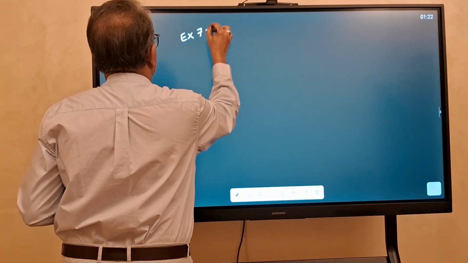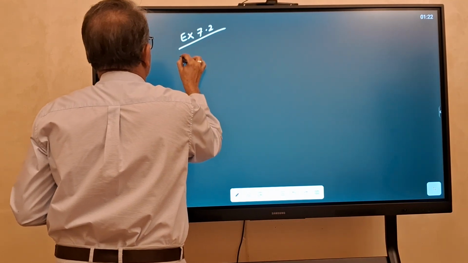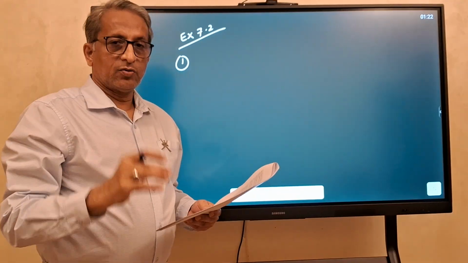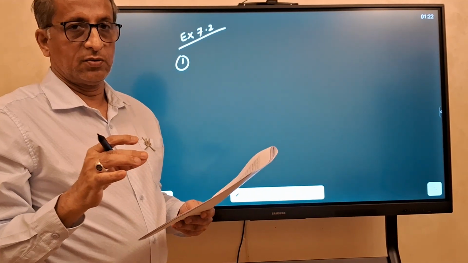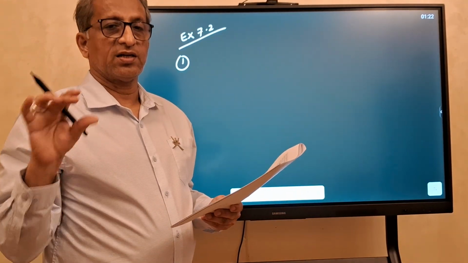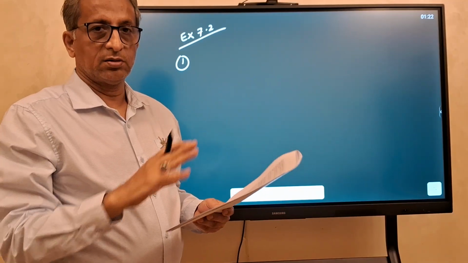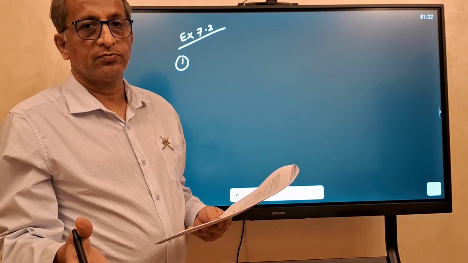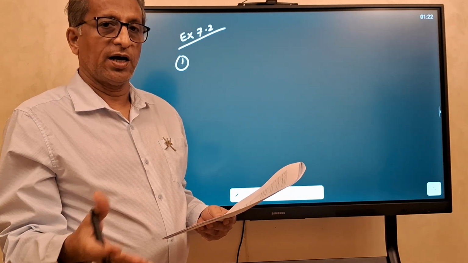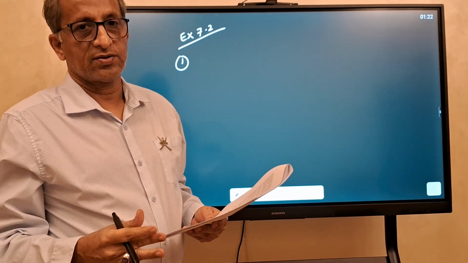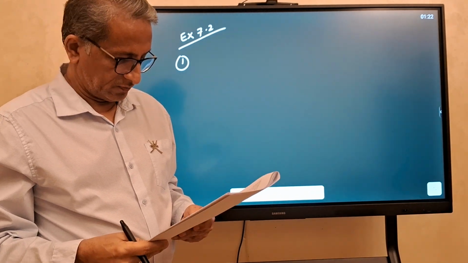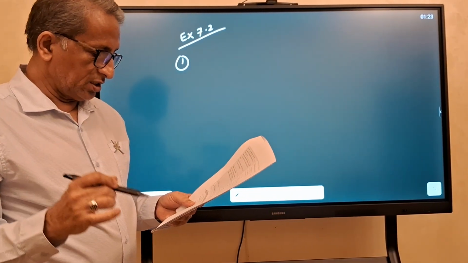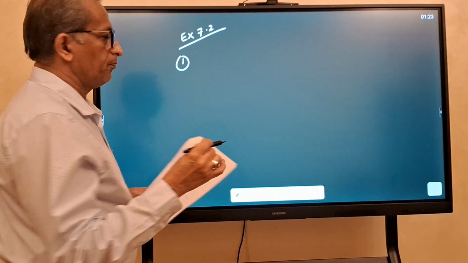Exercise 7.2. Let's see the first question. We have to read the whole question, which is given in words and sentences. You have to read it, convert these words and sentences into a mathematics problem, solve it, and then give the answer in words and sentences. For example, number 1. There are 16 girls in a school club.